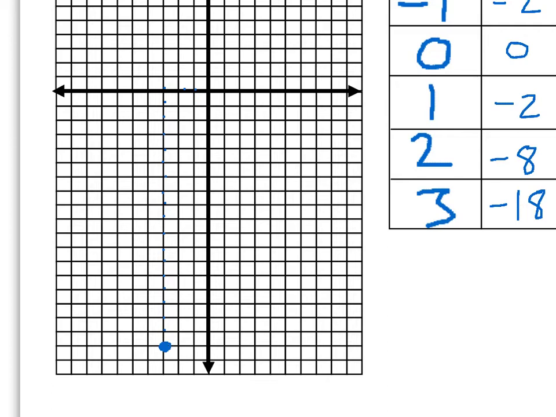So that's over backward negative 2, 1, 2, and down 1, 2, 3, 4, 5, 6, 7, 8. And the next one was negative 1, negative 2, over negative 1, down 2. 0, 0. 1, negative 2. That's over 1 and down 2. Over 2 and down to negative 8. And over 3 and down to negative 18.